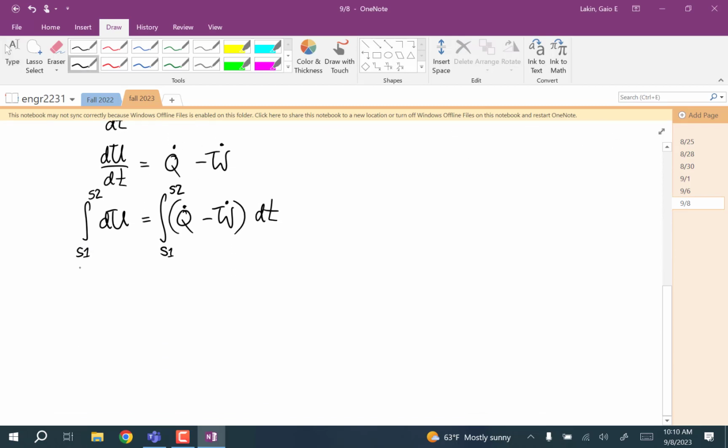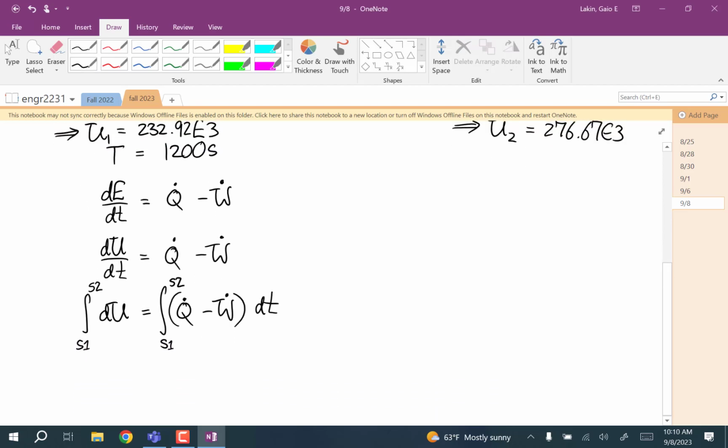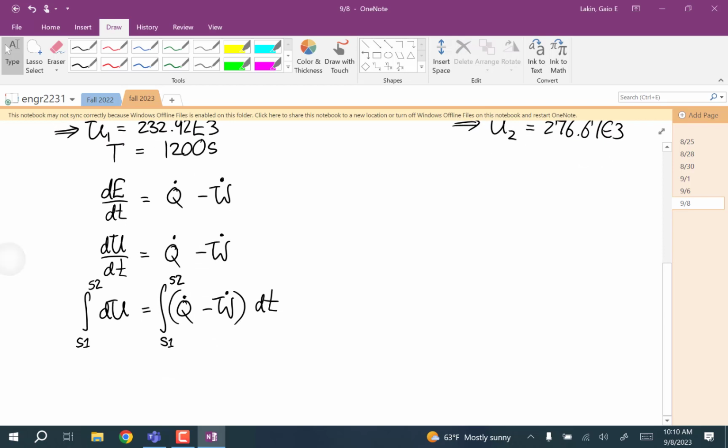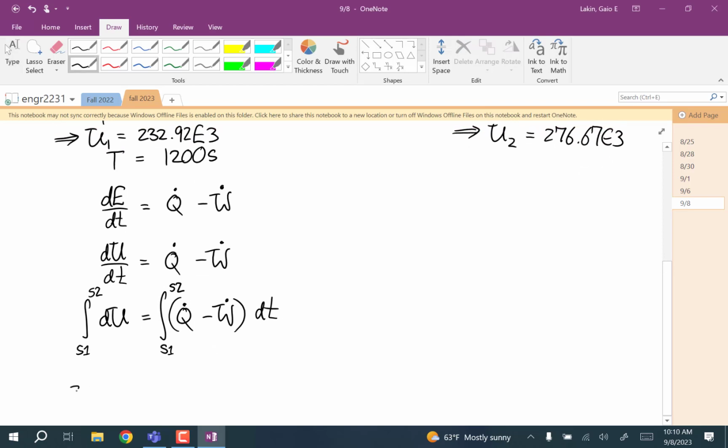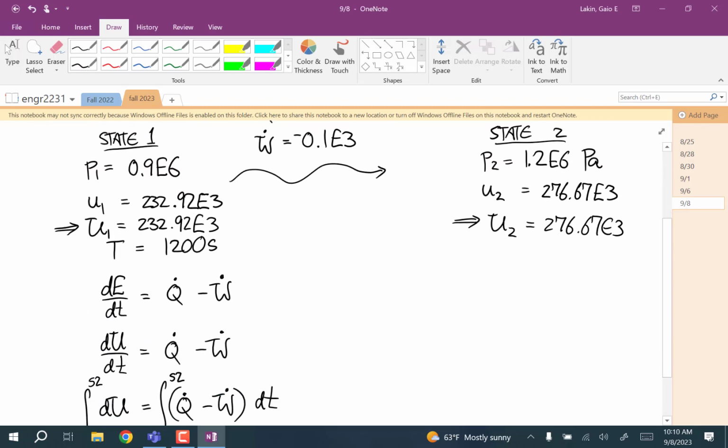If you integrate du from state 1 to state 2, you get the later state, the internal energy at state 2, minus the internal energy at state 1, is equal to the integrals of these two things.